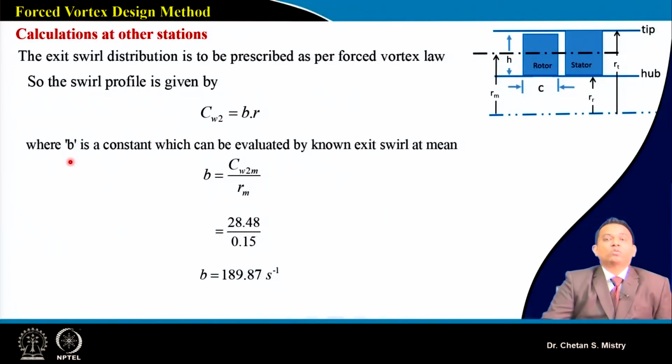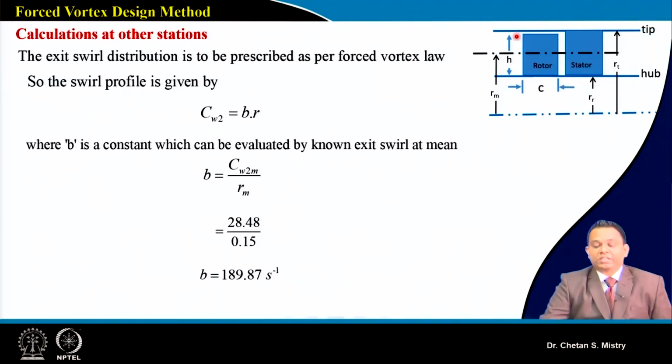In order to do the calculation at different stations, here it is given that my entry is axial, which means my Cw1, the whirl component at the entry, is 0.